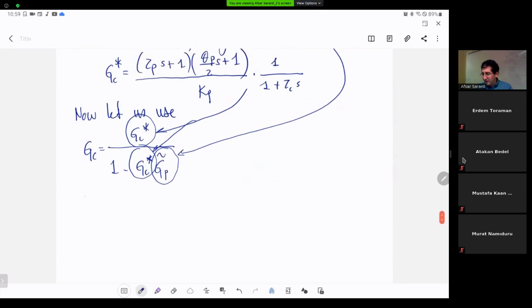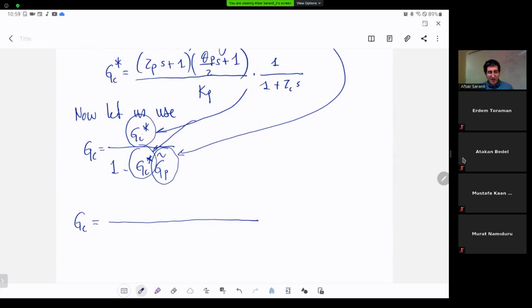Let me try to do that for you. It's going to be quite long; I hope I don't make any mistakes, and you will correct me if I do. So I have GC, which is my controller transfer function.